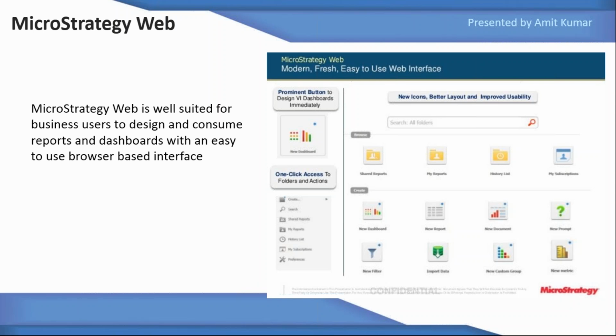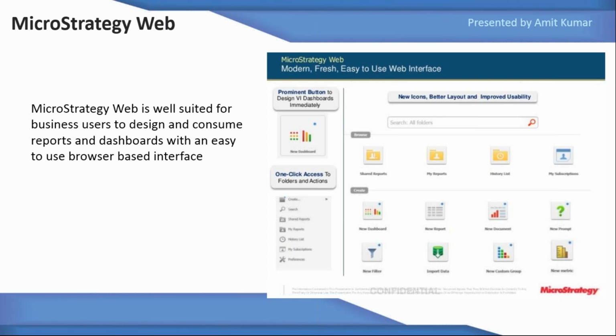In the training, I'll be giving you thorough hands-on work on MicroStrategy Desktop. If you know the desktop, you can work on anything. The pattern is the same, the functionality is the same. Only the way of browsing your development differs.